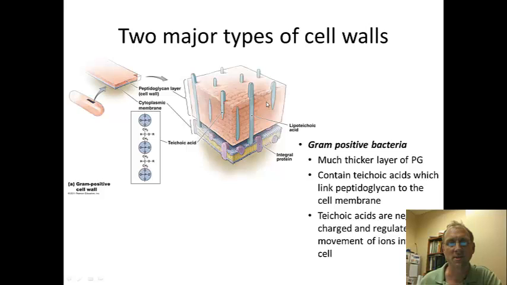These teichoic acids also enable and regulate the ability of certain molecules to move from outside the cell to inside the cell. The main advantage of having this thick layer of peptidoglycan in the gram-positive bacteria is that an organism with this thick layer is extremely resistant to physical stresses, things that may try to affect that microorganism from the environment.